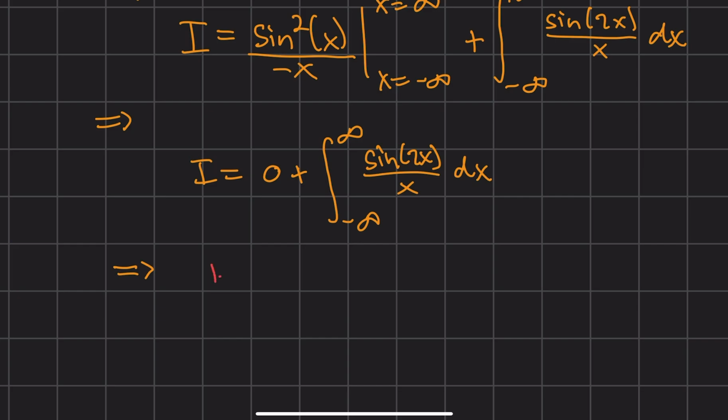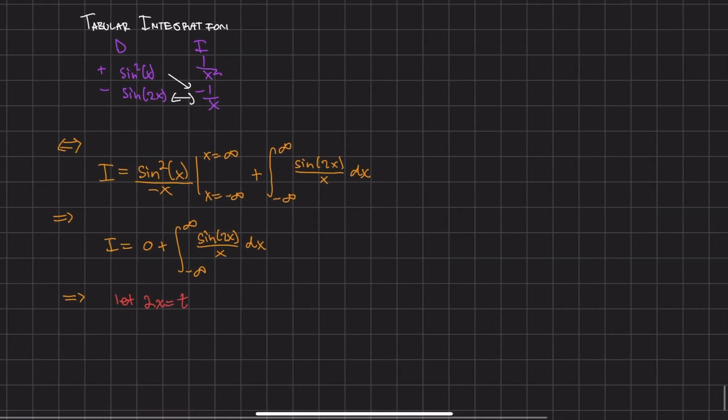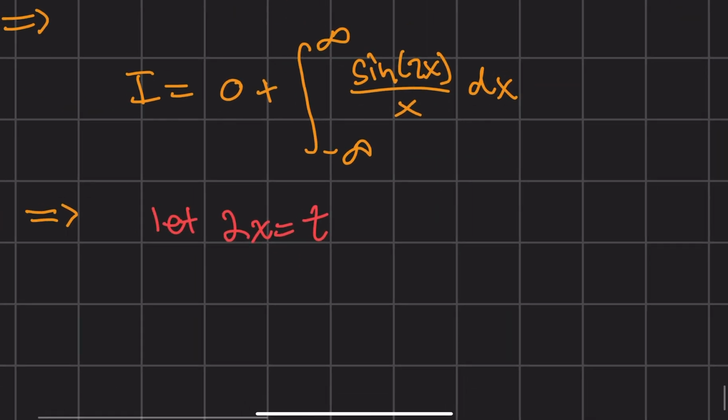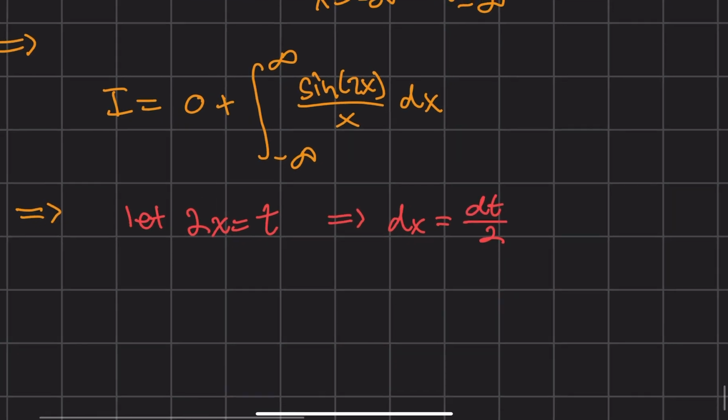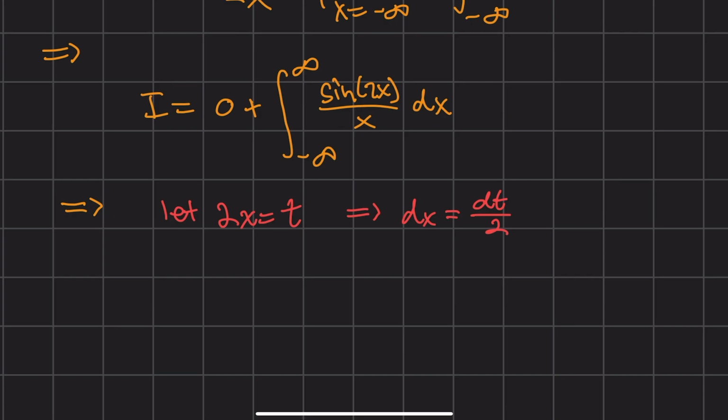I'm going to say let 2x equal t. No, we already have a t. No, I actually don't, because I didn't do Leibniz integral. Okay, cool. Let 2x equal t, which implies that dx equals dt over 2. Okay, cool. Let's make these substitutions.